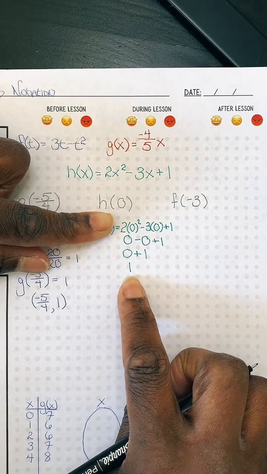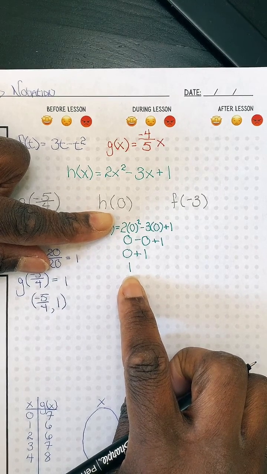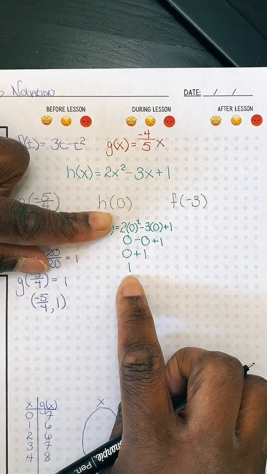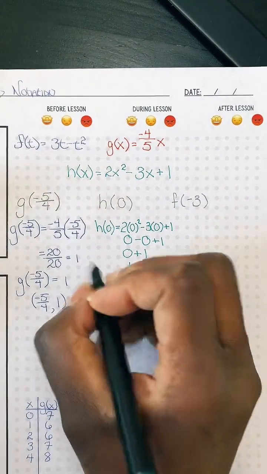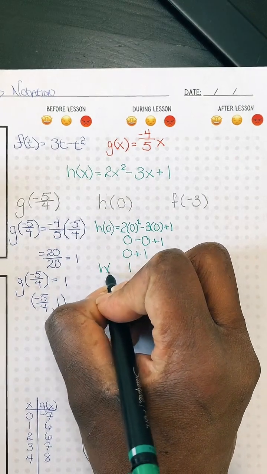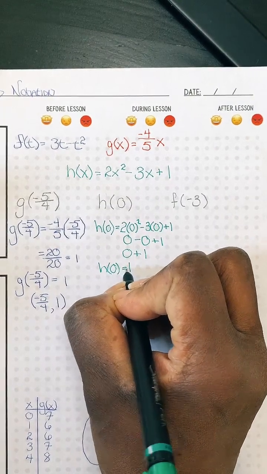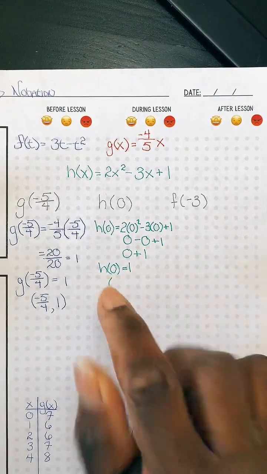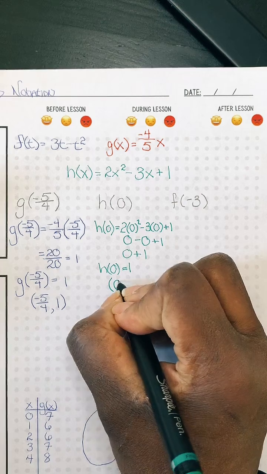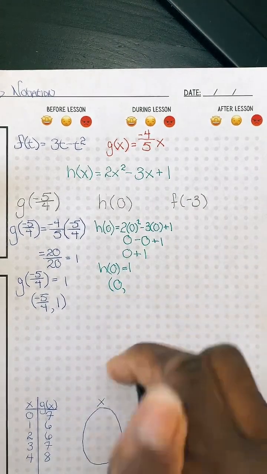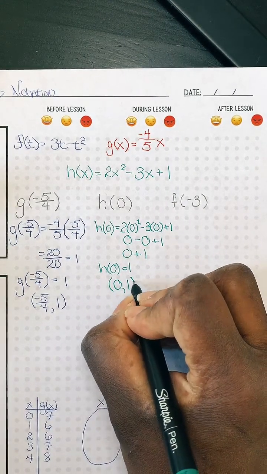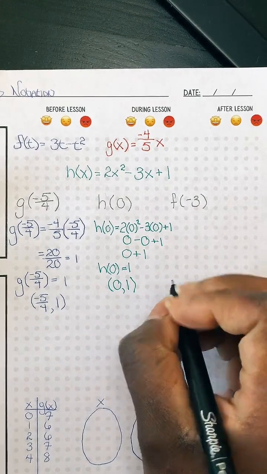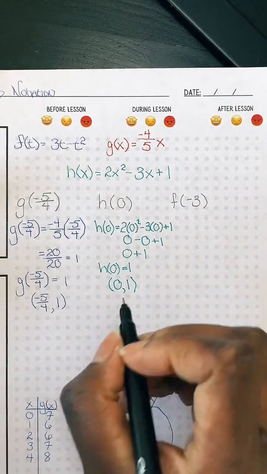So the answer is 1, which means your h of 0 is equal to 1. What you just found is an ordered pair for this h function. The ordered pair is: when your input is 0, your output is 1.